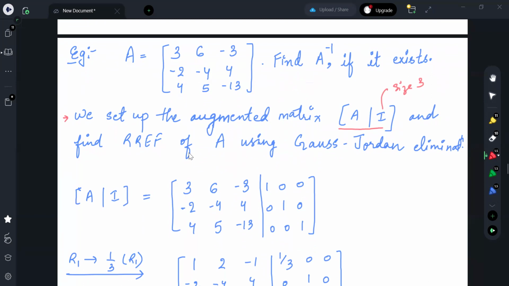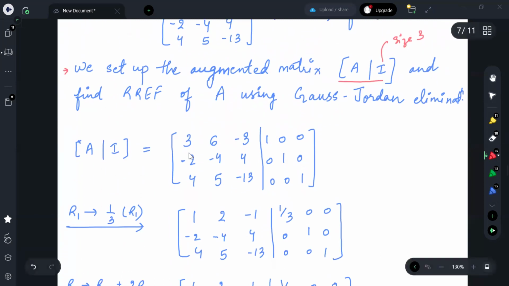So I have A here. All of you must be familiar with the Gauss-Jordan elimination process. You can watch a previous video to practice a few problems. I begin with the top-left entry, and I need to make it a 1. To make this entry a 1, I will need to multiply row 1 by 1/3.